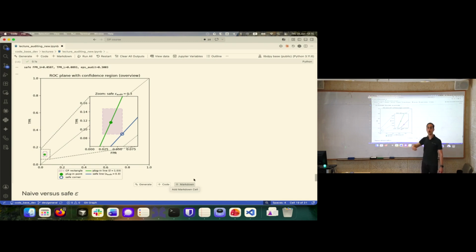So if I want not to be incorrect by more than some probability, I cannot take any bigger claim than this bottom right corner. Okay? So this is basically what happens here. Privacy auditing, as I said before, but with this statistical correction.